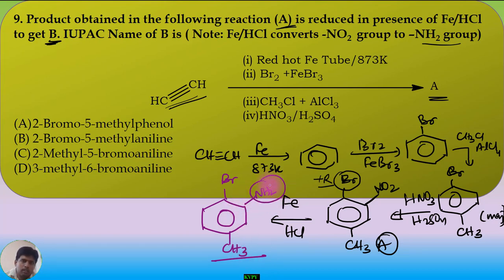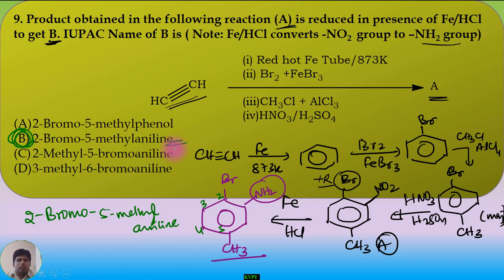This is aniline actually, because the NH2 group is attached to the benzene ring. So numbering wise, it should be the lowest set of locants, and among the substituents, bromo should get the lowest possible number. So it's going to be 2-bromo-5-methylaniline. So it's option 2. The second option is our answer.